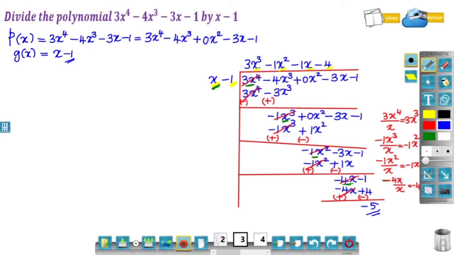Now write the quotient and the remainder. What is the quotient? We represent quotient by q of x. Quotient q of x is equal to 3x cube minus 1x square minus 1x minus 4. Remainder r of x is equal to minus 5.